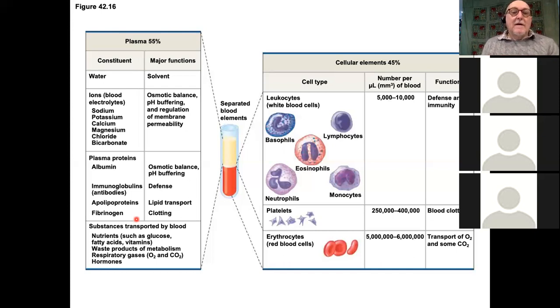There's one thing, though, which I have to say: one group of proteins which has been left off here is a set of proteins called complements. And please write that in: complement.